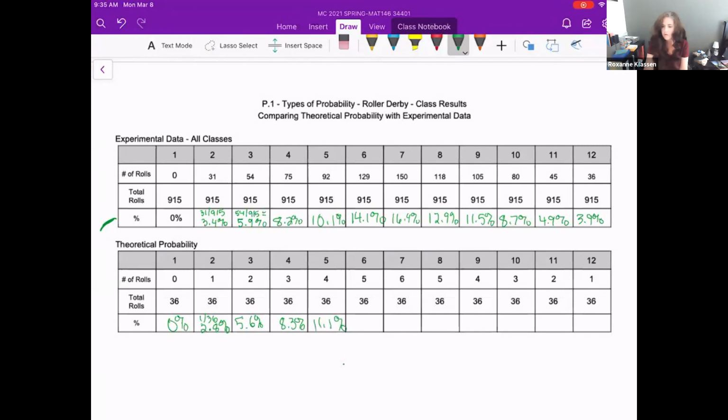This is for your theoretical. 14.9%, 16.7%, 14.9%, 11.1%, 8.3%, 5.6%, and 2.8%. Everybody okay with those? Is that what you got for your theoretical?